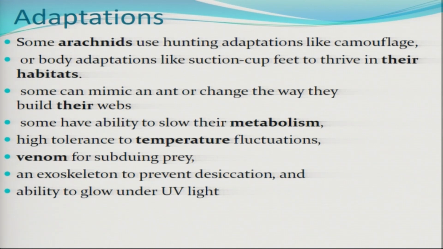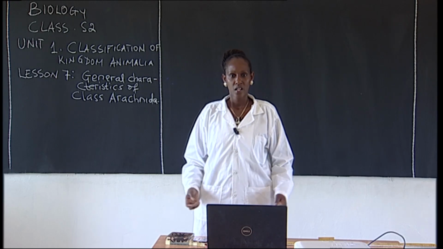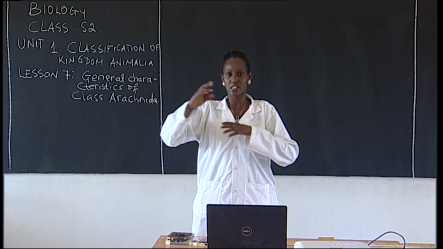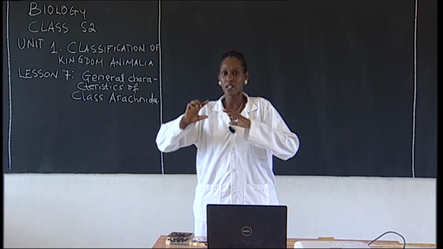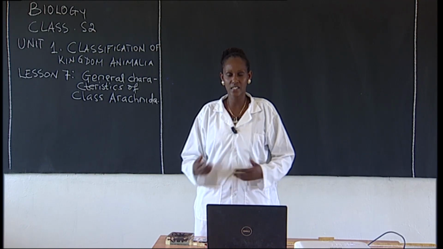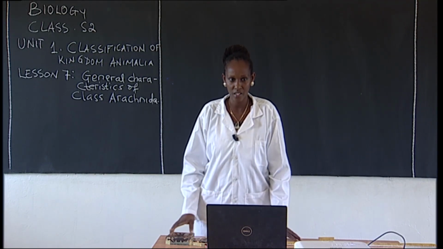So they have the way of mimicking. When they are making their webs, like the spider there, spiders are good at making webs. When they are making the webs, they go on changing. Today they can make a style like an angle, a triangle, a rectangle. So they can easily change the way of making their webs.